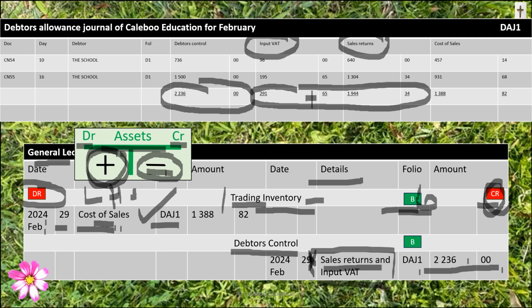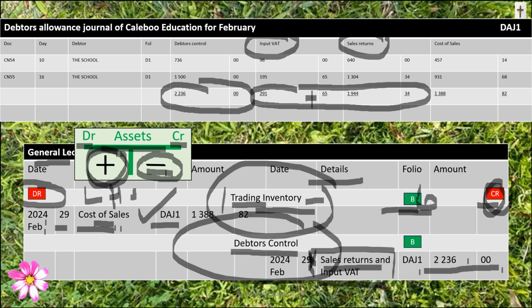We've taken the information from the journal to the trading inventory account and the debtors control account. We applied the rules. That is so important. Go and check my video on the rules, because once you know the rules off by heart, you're A for away in accounting. You shouldn't make too many mistakes.